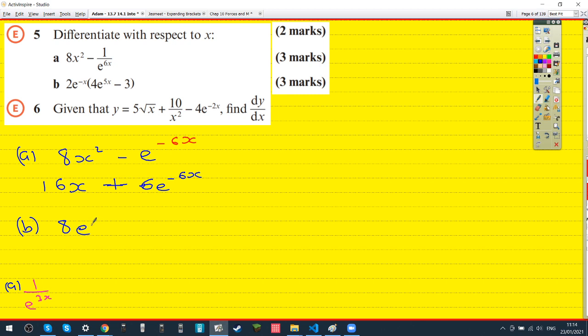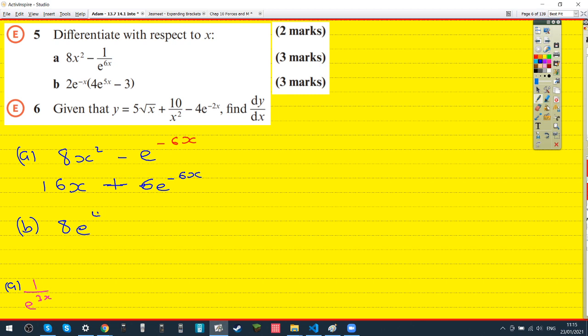Hold on. How do you multiply index numbers? Add the powers. So it'd be minus 5x squared, 4x.